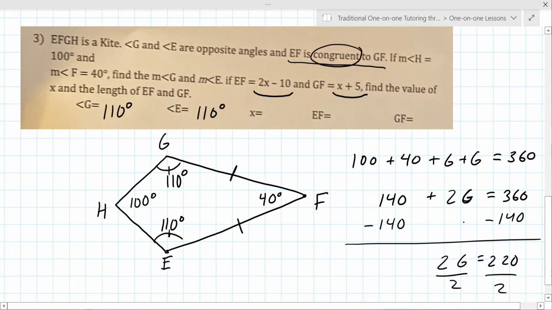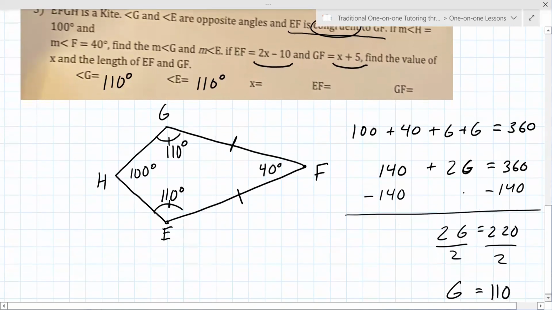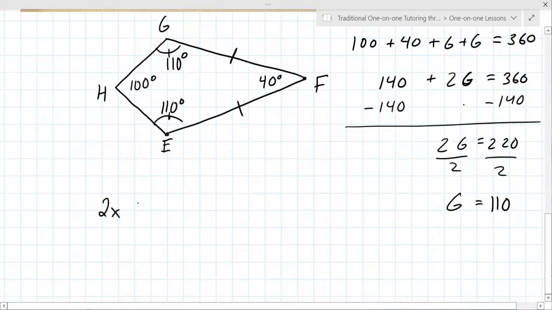Congruent means the same. So we set these two equations equal to each other. 2x minus 10 equals x plus 5, and we solve for x.